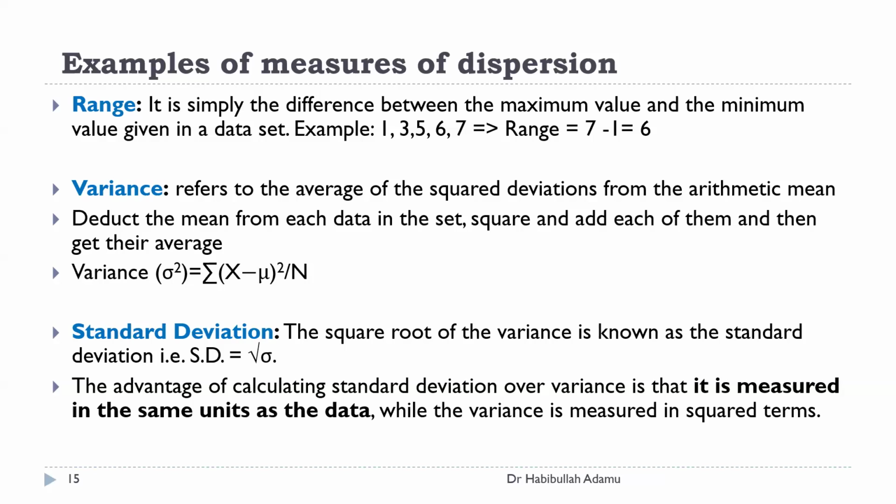The next value, what is the difference between it and the mean? Those that are below the mean, even if they are 20 or 30 in number, you pick each of them and see how far it varies from the mean. Those that are above it also, you pick each one and see how far it varies from the mean. When you do that and you sum everything, it gives you the variance.